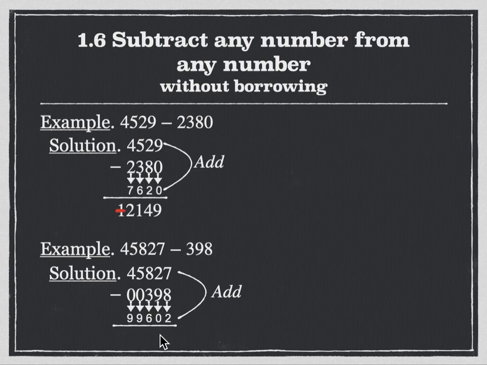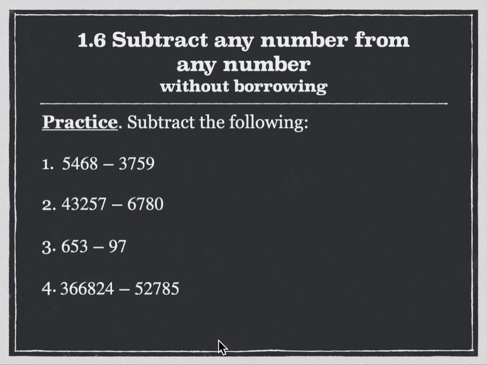Then 2 plus 0 is 2, and 7 plus 2 is 9. So what we have is 145,429. We take the leftmost number and cancel it out, and that's our result, the difference: 45,429.